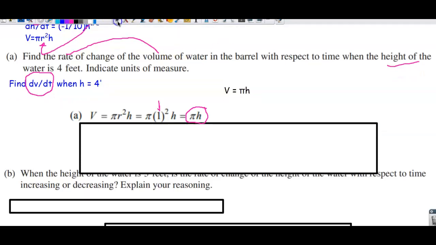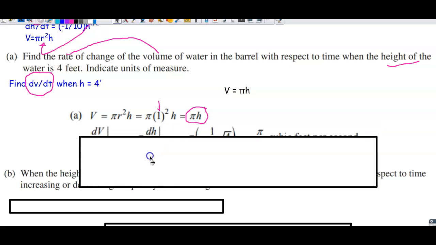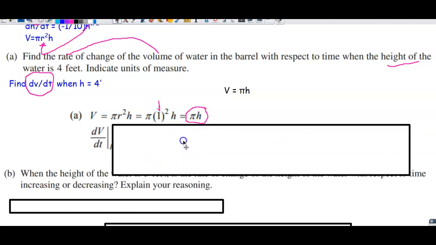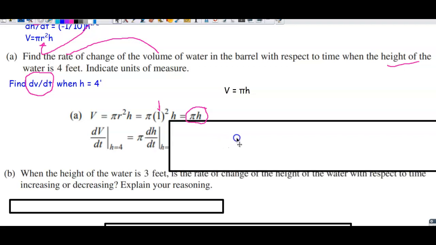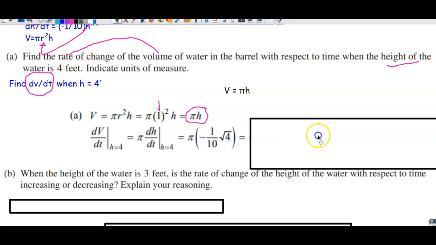I'm going to take the derivative on both sides using implicit differentiation and the chain rule. So the derivative of V is simply dV/dt. The derivative of pi h is pi dH/dt, there's my chain rule, and I'm evaluating that at 4.